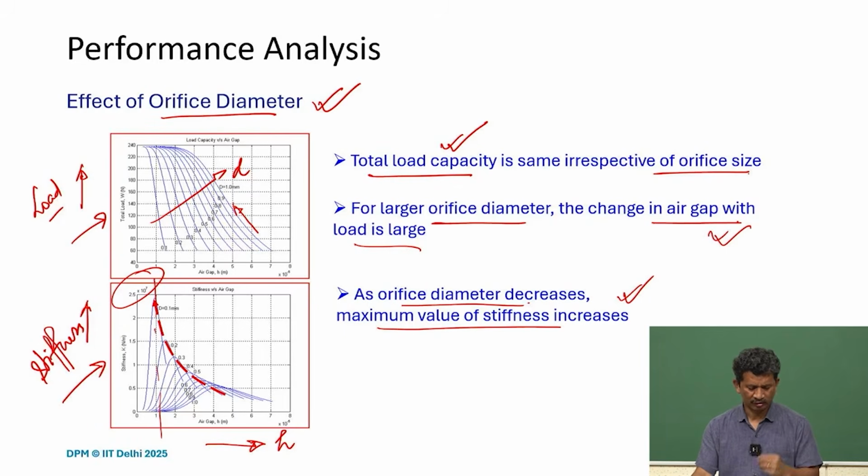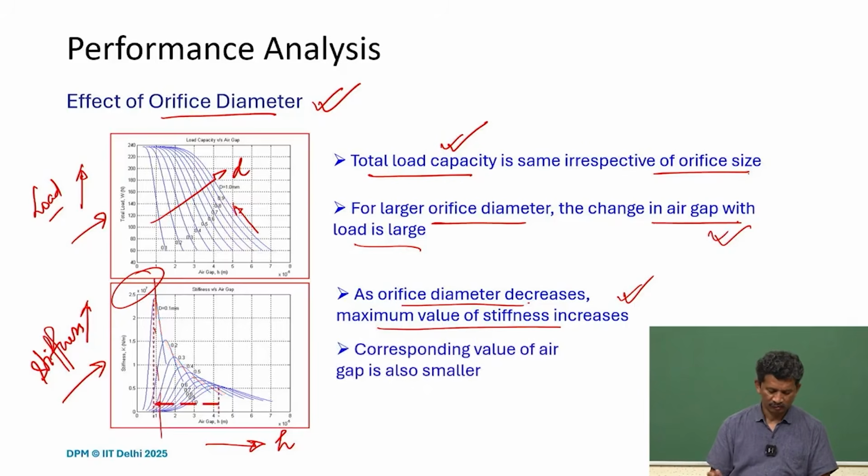So I think it's very important to understand this part, how an air bearing works, and once we know, we'll be confident to apply these elements in our design. But we also know that the air gap for the maximum value of stiffness is very small.